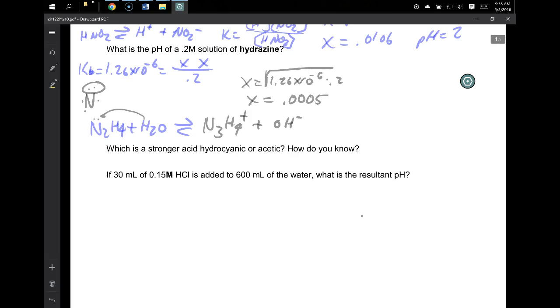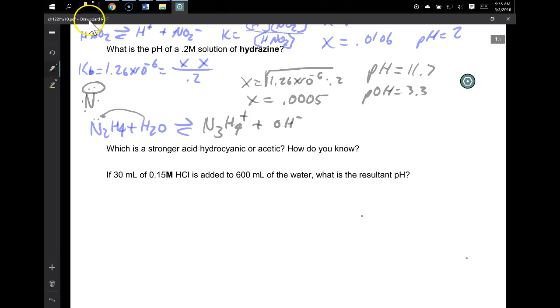Probably should put that in there. And I get a pOH equal to 3.3, so then I get a pH equal to 11.7. Does that look good?